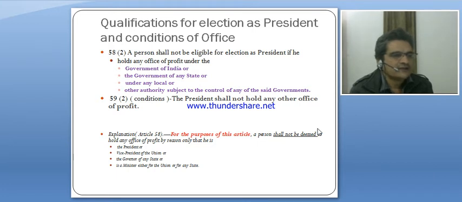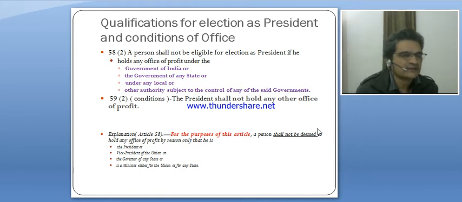Further, Article 59, which is part of the conditions of office, says that a person who is President of India shall not hold any other office of profit. So he is holding the office of President, but he cannot hold any other office of profit while continuing in the post of President of India.